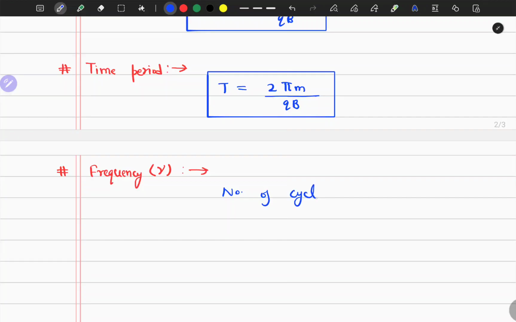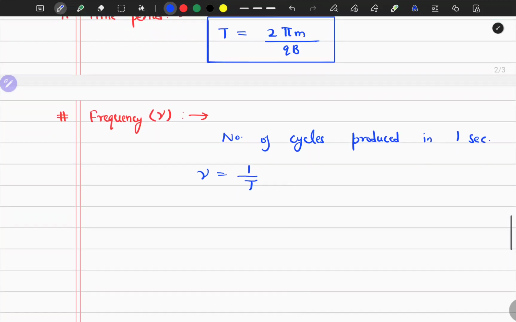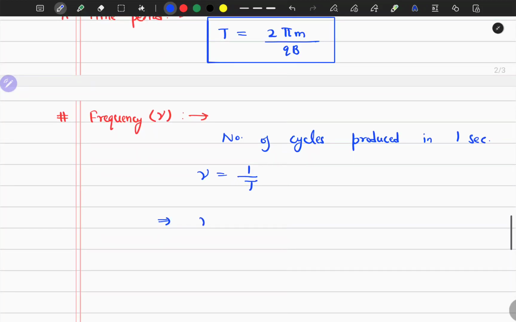Number of cycles produced in 1 second. So basically it is the reciprocal of time period, 1 by T, which implies that nu is equal to qB over 2 pi m.